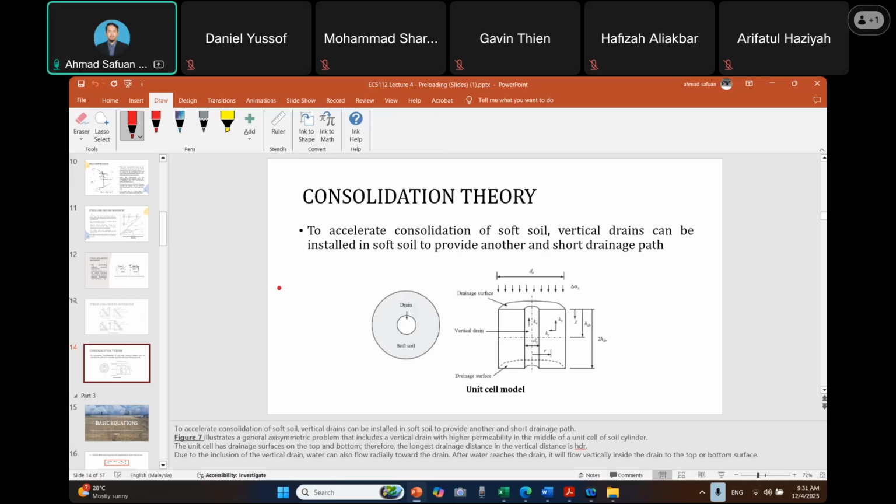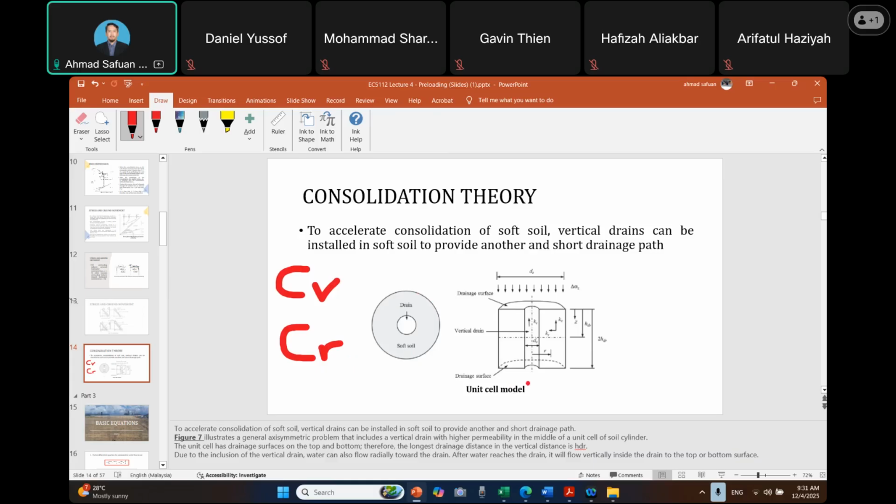Later on we will discuss in consolidation theory: we have CV for the vertical movements, and we also have CR, where the use of this vertical drain can help to increase the CR value.